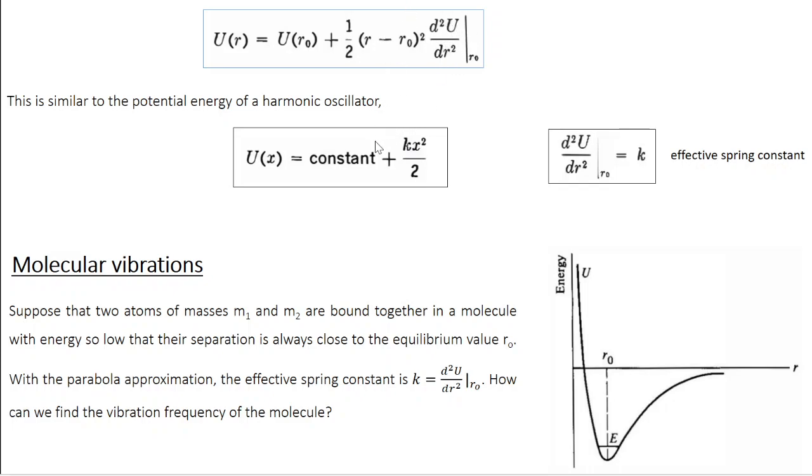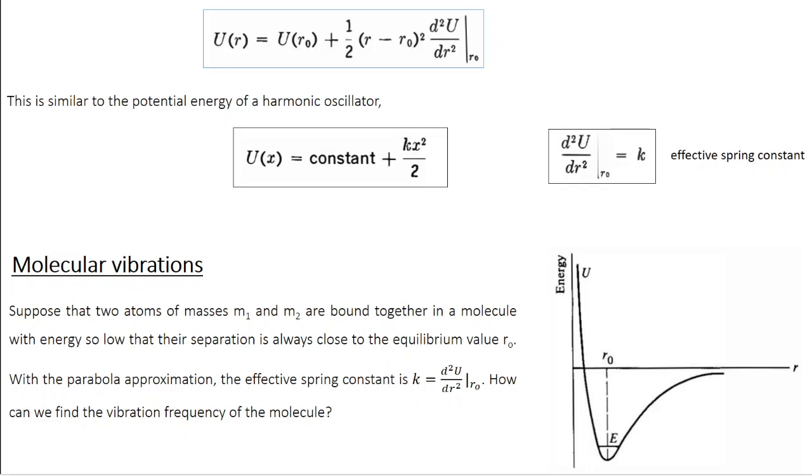Since these two equations are comparable, you can say d square u by dr square at r equal to r naught is nothing but the effective spring constant k. So in summary, any bound system can be approximated to a harmonic oscillator if the amplitude of the oscillation is sufficiently small.